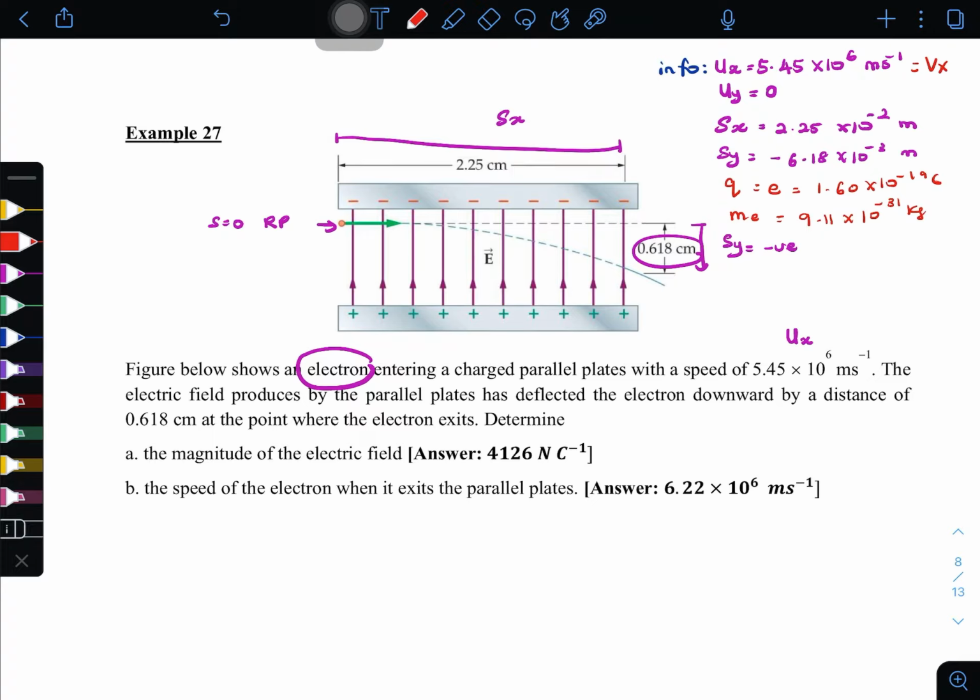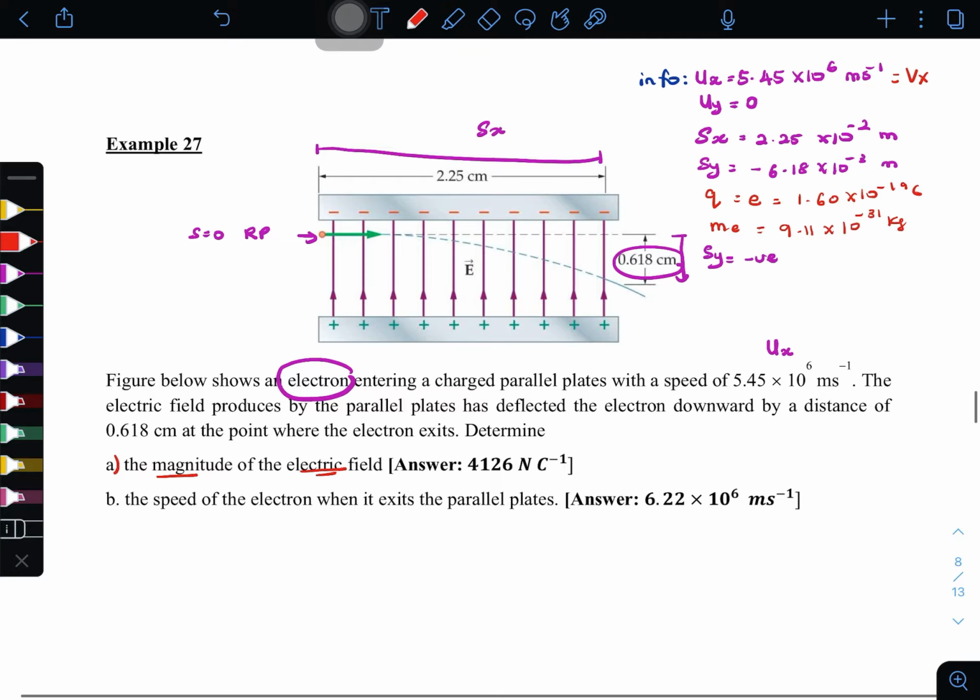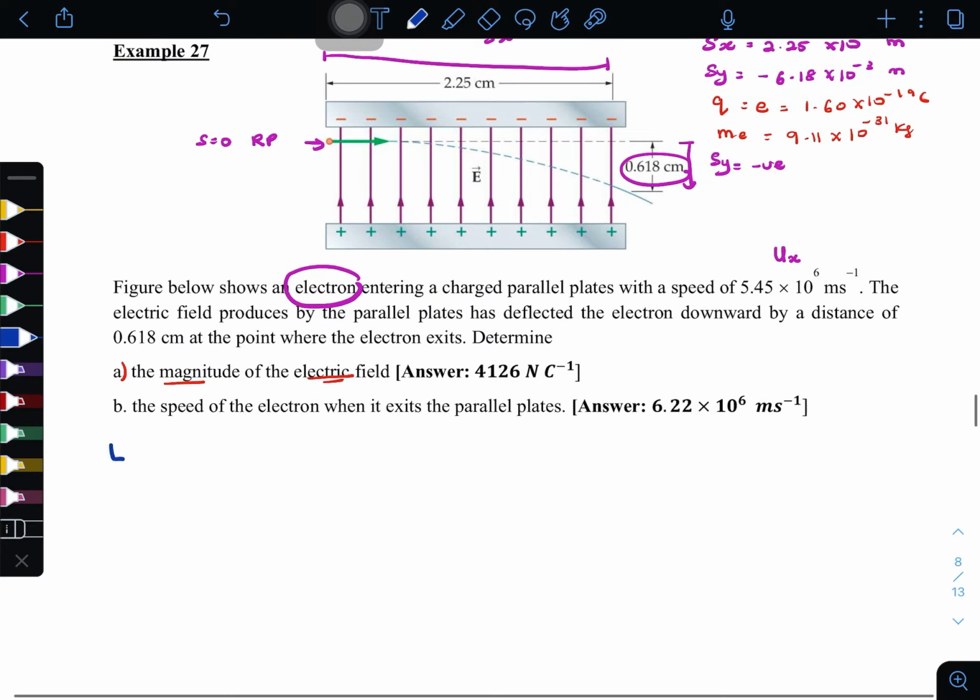So we have all this information, and we go to question A, the magnitude of the electric field. So it asks for the value of E. E is at the parallel plate, and we know E moves from positive to negative. So this is our E, but we don't know the value. We want to find the value of E.